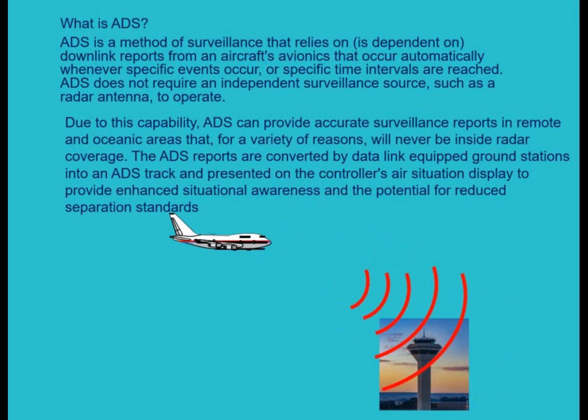The ADS reports are converted by data link equipped ground stations into an ADS track and presented on the controller's air situation display to provide enhanced situational awareness and the potential for reduced separation standards.